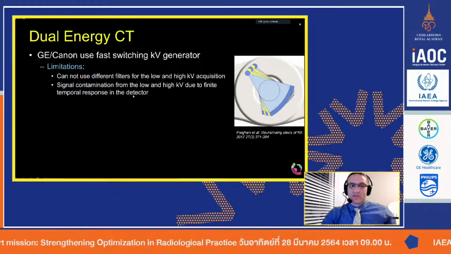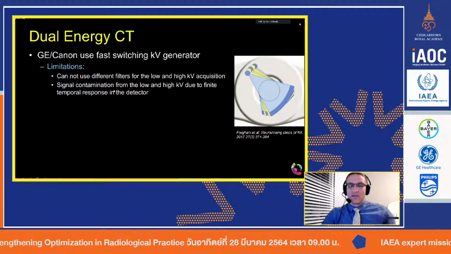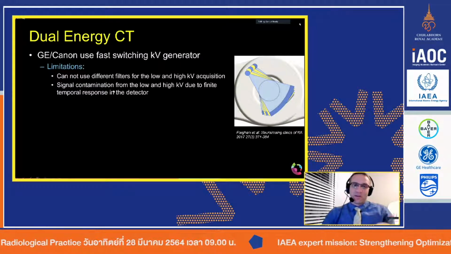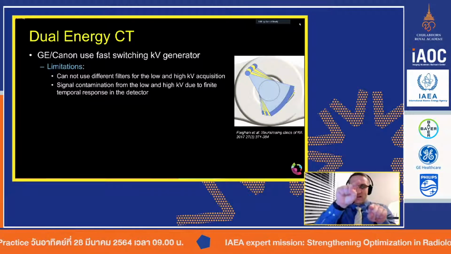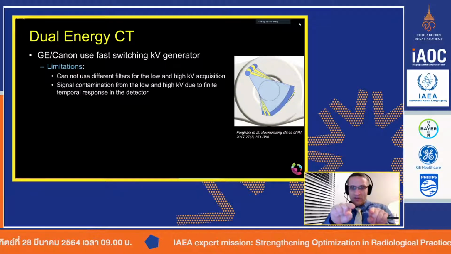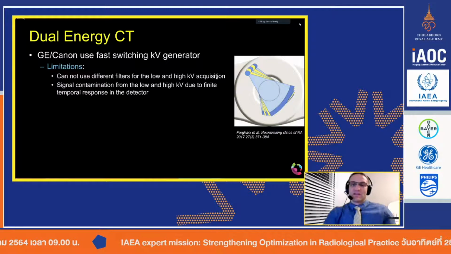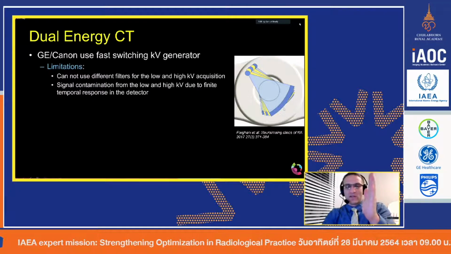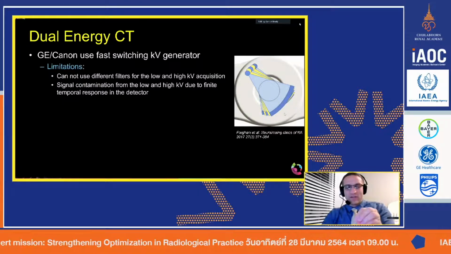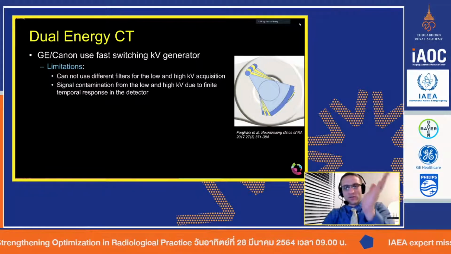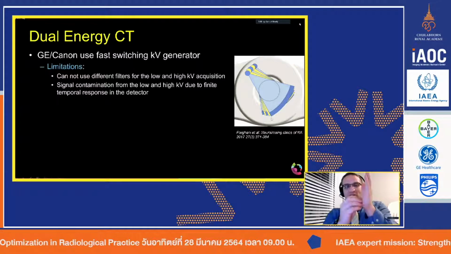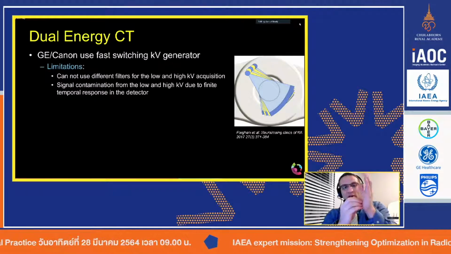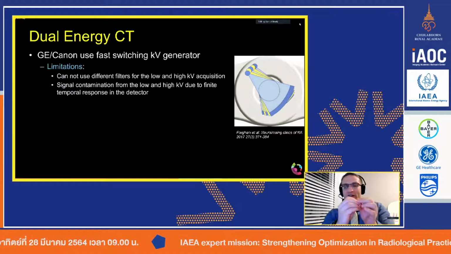There is also slight signal contamination. When you switch from 80 to 140, it's not perfect. It's not a perfect 80, then it turns off the 80, and then it goes to 140. And so as it spins from one half a degree to another and collects more data from the high energy as it goes from low to high, there may still be a little bit of low energy data in that detector element when you switch over and start collecting at a high energy.